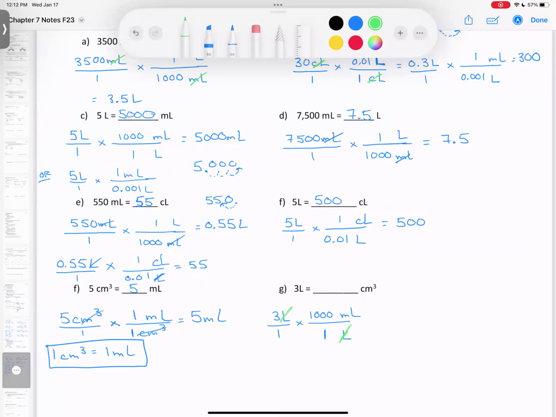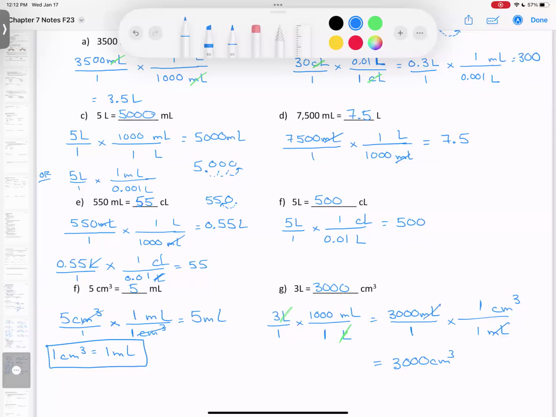That will cancel out my liters and leave me with 3,000 milliliters. And now I want to get to cubic centimeters. You can either just say milliliters is the same thing as centimeters cubed, or you can think of it as a conversion factor. We're going to multiply by something that gets rid of our milliliters and leaves us with cubic centimeters. 1 milliliter equals 1 cubic centimeter. So that just leaves me with 3,000 centimeters cubed.